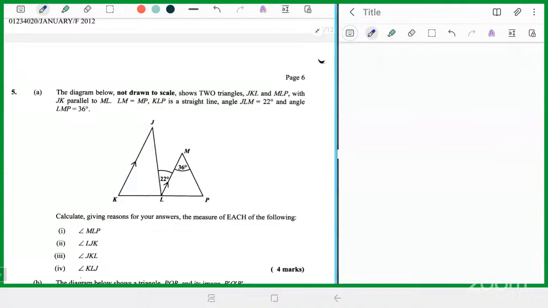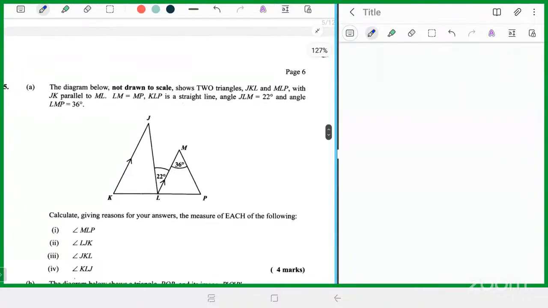This question says the diagram below, not drawn to scale, shows two triangles, JKL, which is this one, and MLP, which is this one, with JK parallel to ML. That's why they have these two arrows on here. Those two lines are parallel.